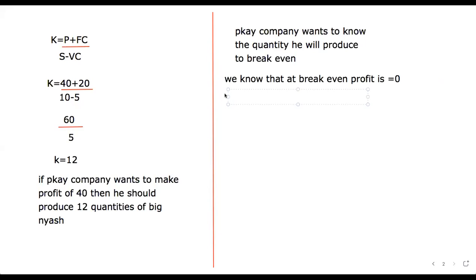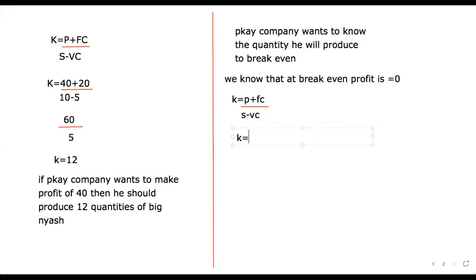So K is equal to P plus FC all over S minus VC.